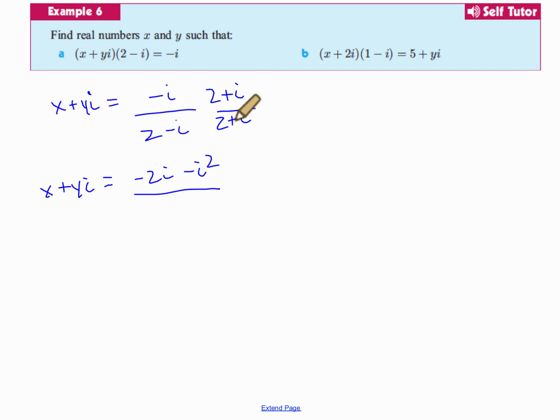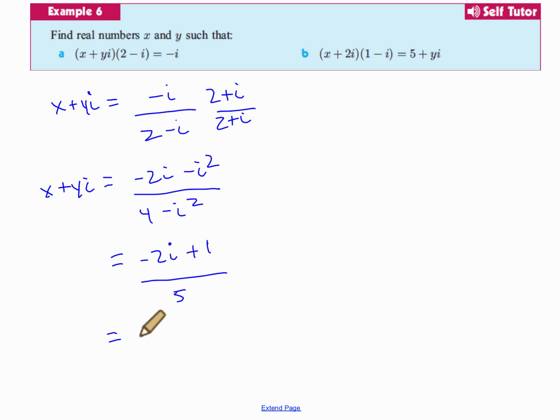We're of the form a minus bi times a plus bi, so that's going to be 4 minus i squared, which is equal to negative 2i plus 1, because minus negative 1 is plus 1, over, again, 4 minus a negative 1 is 4 plus 1, or 5.